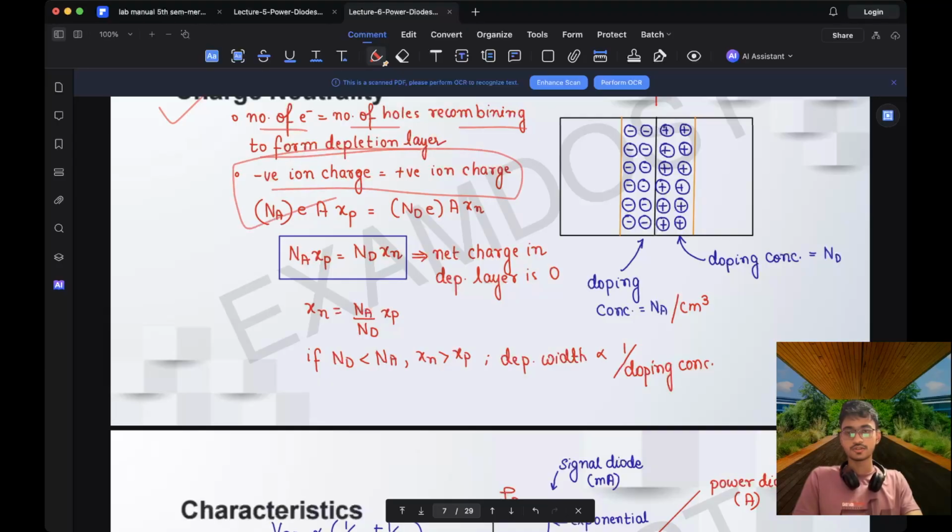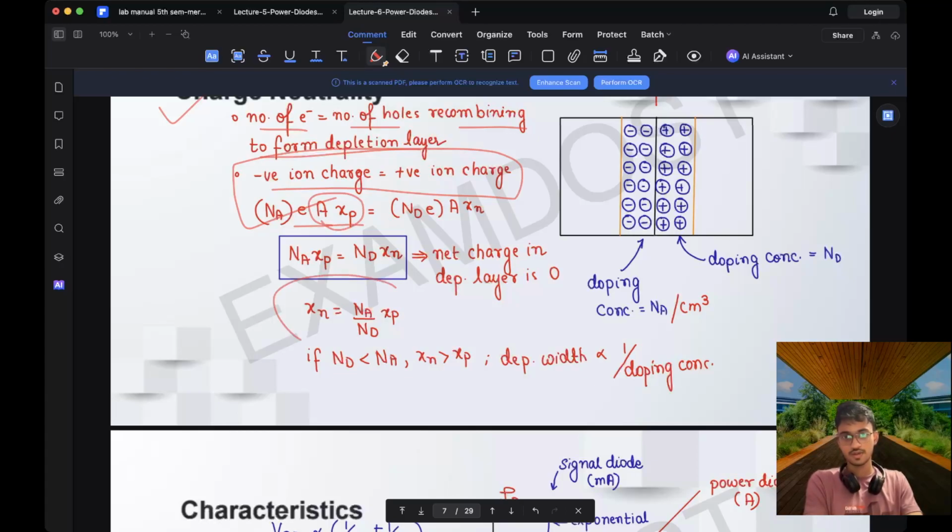Concentration per unit volume, so we have to multiply by area and length and by the electronic charge. There is negative ion charge and positive ion charge.